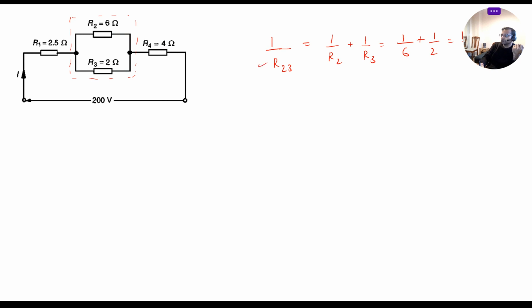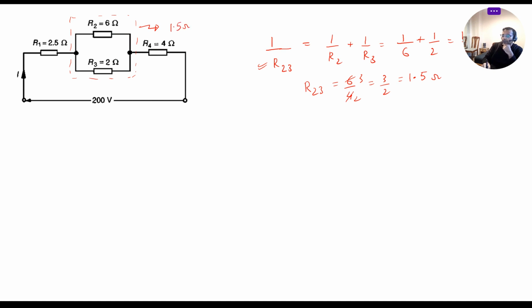Now, very important, remember, it is 1 over R23. So R23 will be 6 divided by 4, so 3 divided by 2, or 1.5 ohms. So the equivalent resistance of these two is 1.5 ohms.